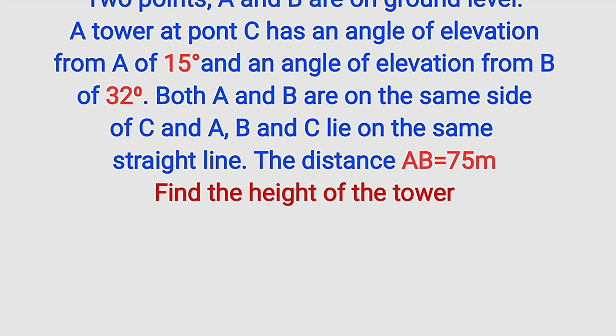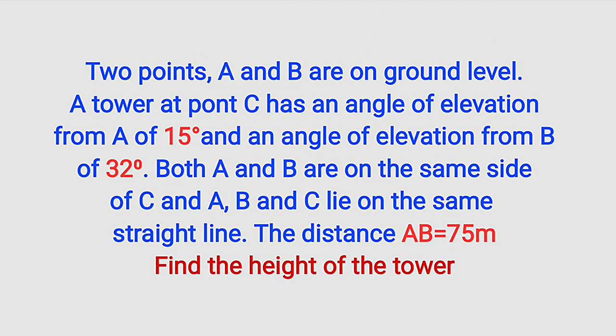So something like this. According to the question, there is an angle of elevation from A of 15 degrees and an angle of elevation from B of 32 degrees. Since 32 degrees is greater than 15 degrees, it implies that B is much closer to C compared to A.